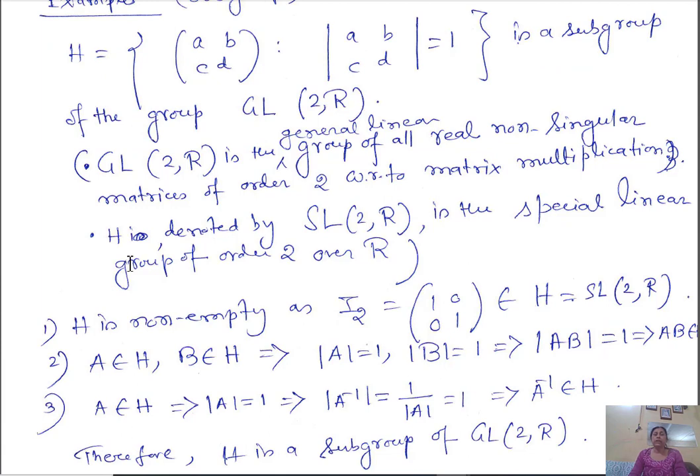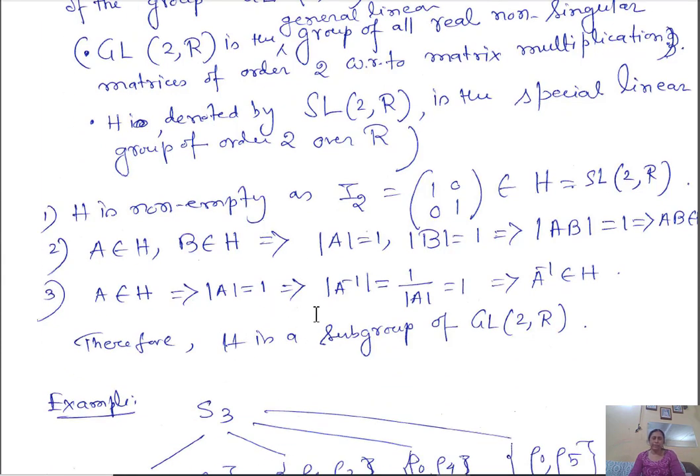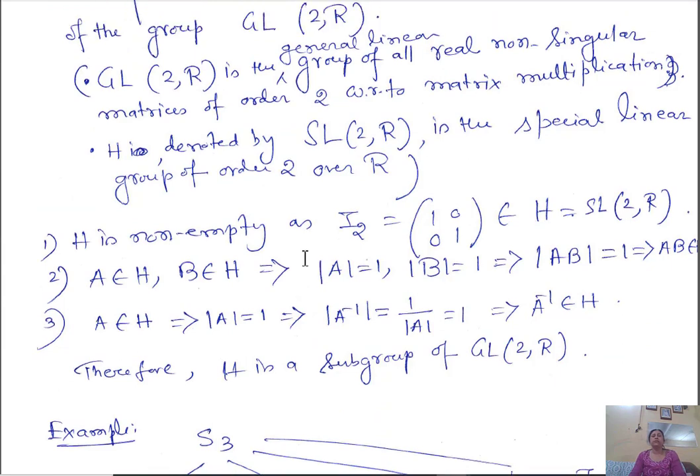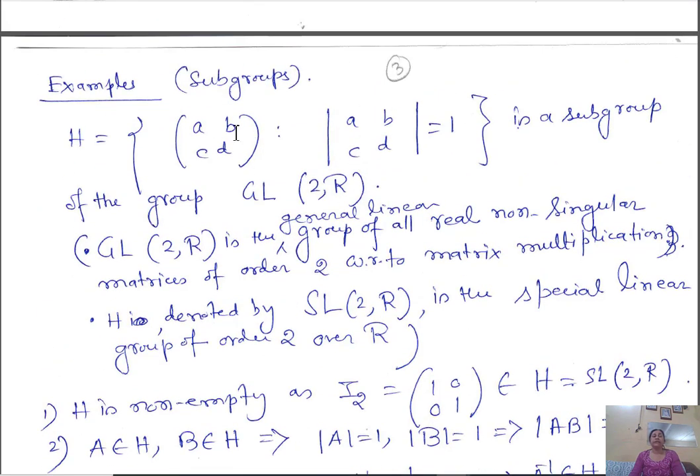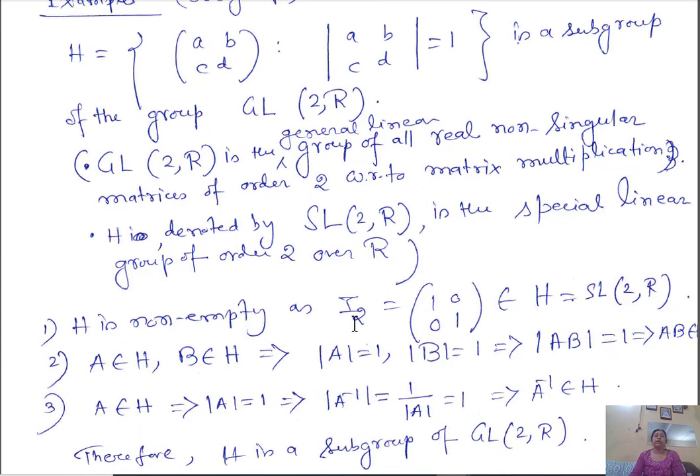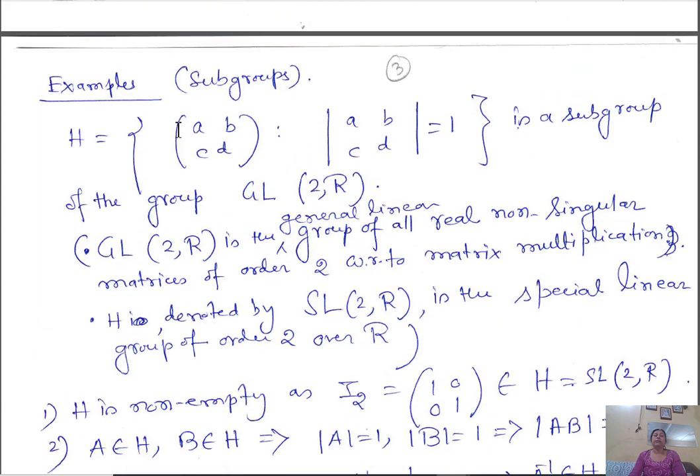You can prove it. The proof means finding the identity element and the inverse of an element. The identity element is the matrix 1 0 0 1, I2, which belongs to this set because its determinant is 1.